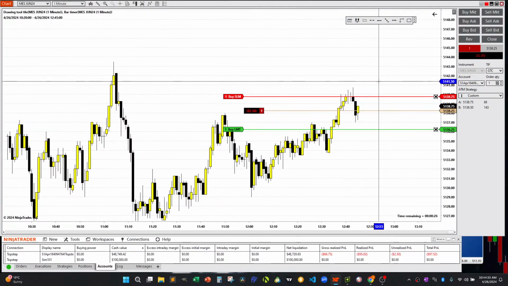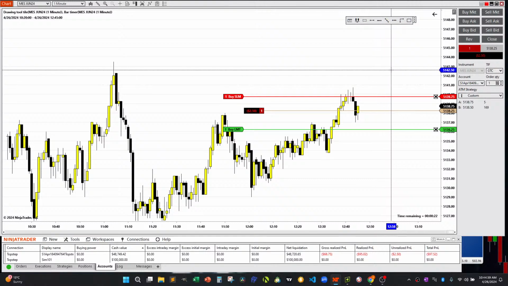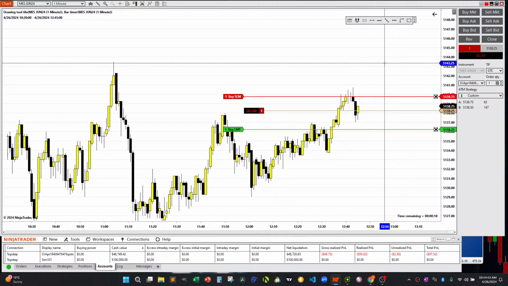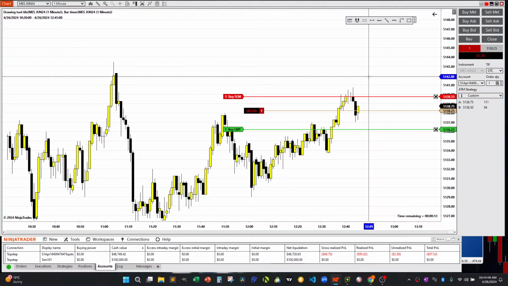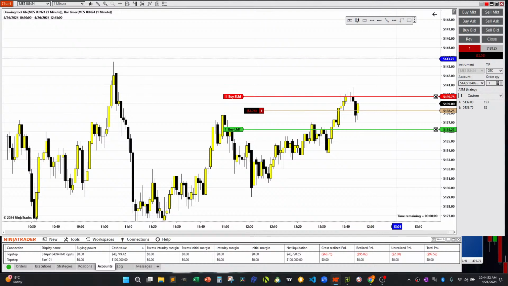Thinking 1's going to be a little bit too close in regards to a stop. Although the very top of this candle would be 1 point.